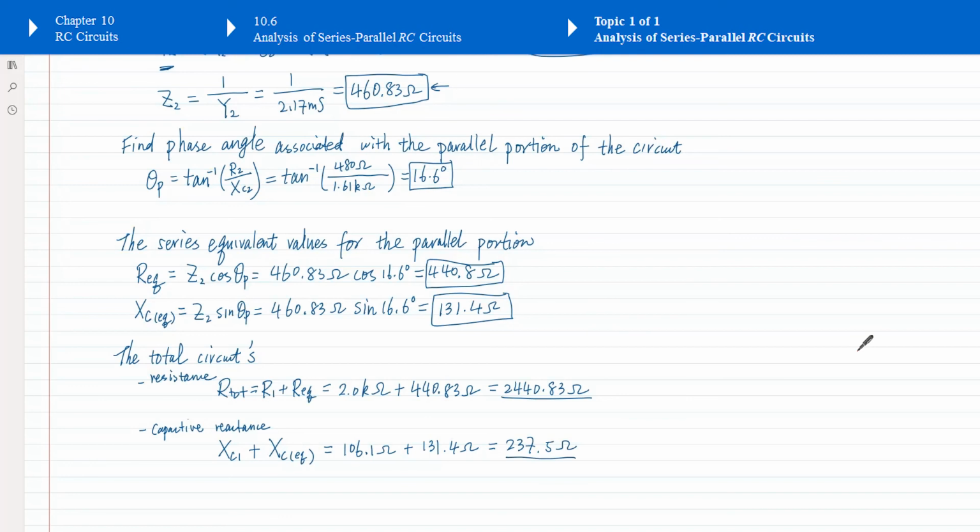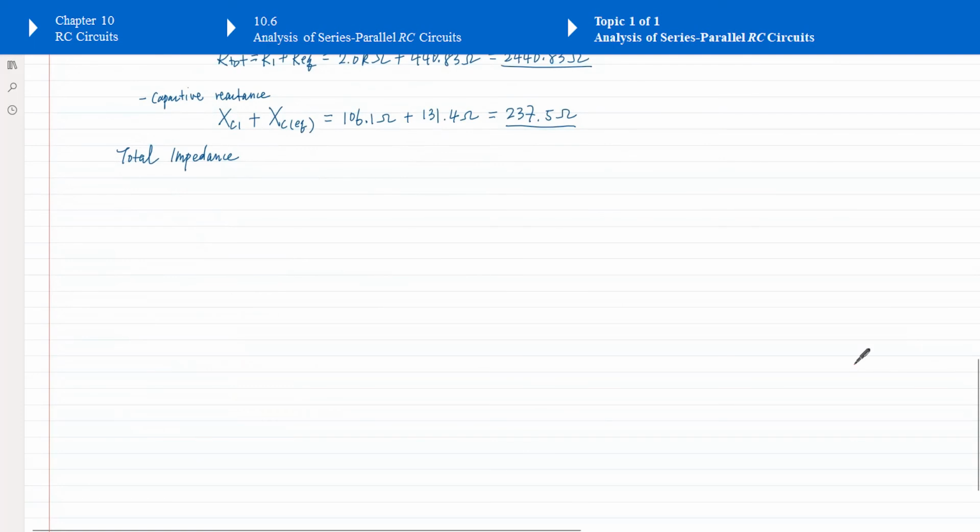Now we are ready to find the total impedance. Z total equals, I hope you remember this formula, the square root of R squared plus XC squared.